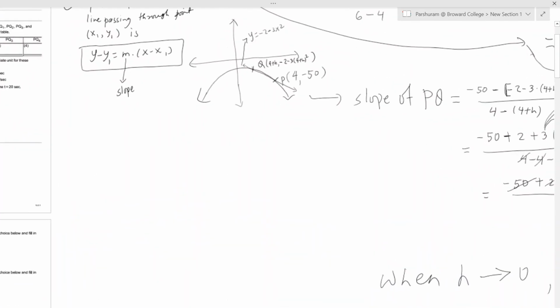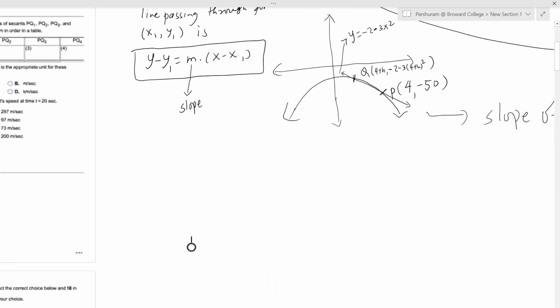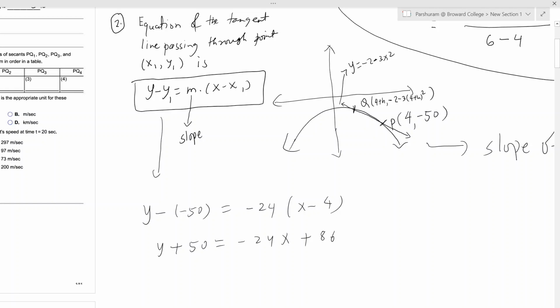Now we can use this negative 24 for the slope of the tangent line at P. Okay, so now we can use this formula. y minus y1 means it's the y coordinate of that point P, which is negative 50, equals the slope we found, negative 24, times (x minus x1), where x1 is 4. So now we just have to simplify this. y plus 50 equals negative 24x plus 96.